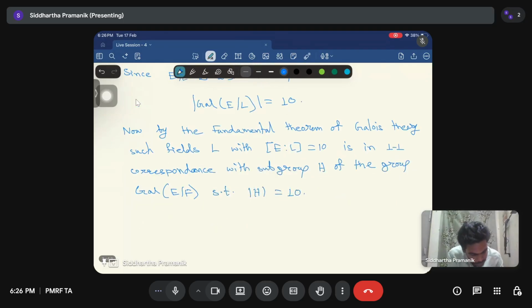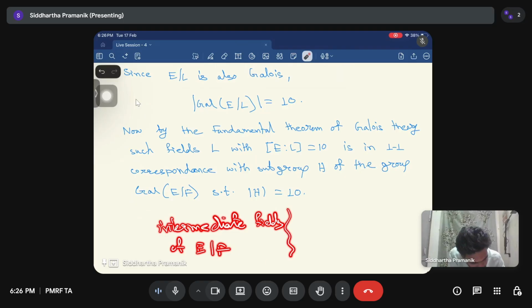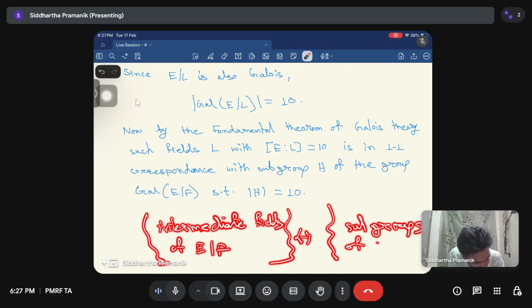Then the fixed field of this H will be the field L. Here we have this collection of intermediate fields of E over F, in one-one correspondence with subgroups of the Galois group.